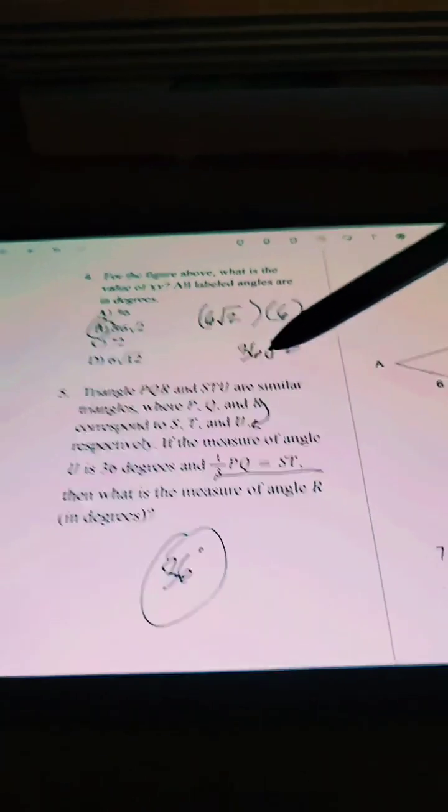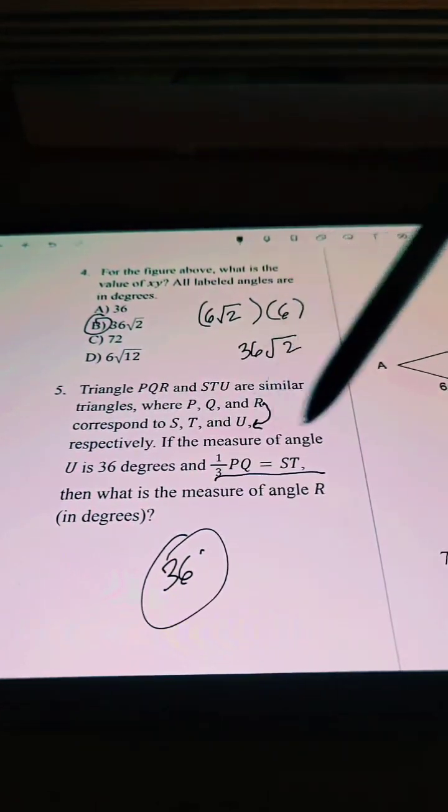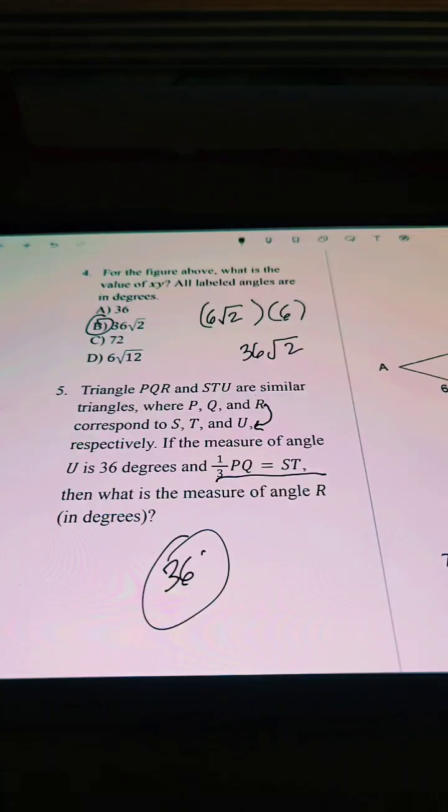This last question is basically doing that thing where it gives you extra information you don't need to try and trick you. The part I underlined, you don't even need. It's just extra information to throw you off.